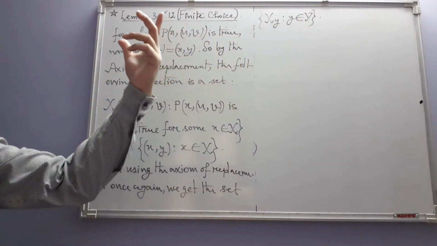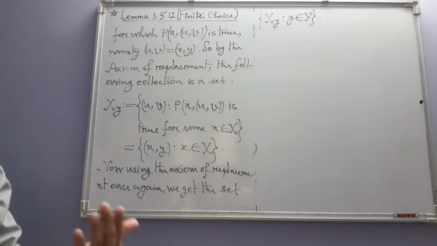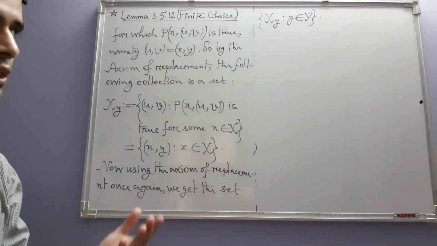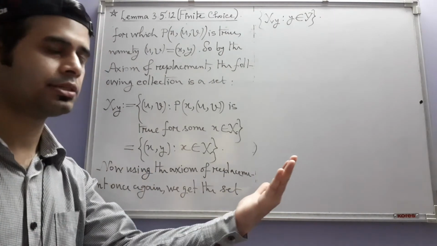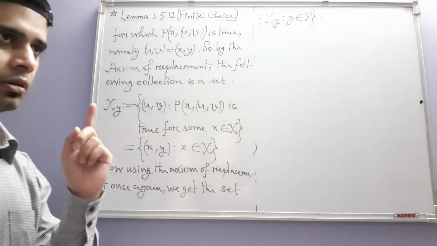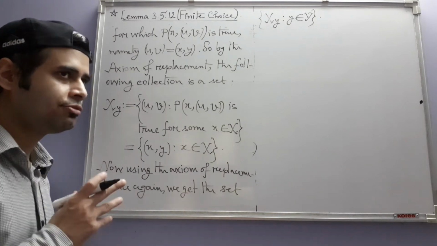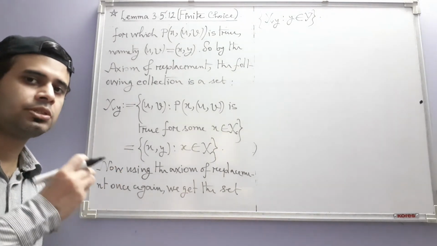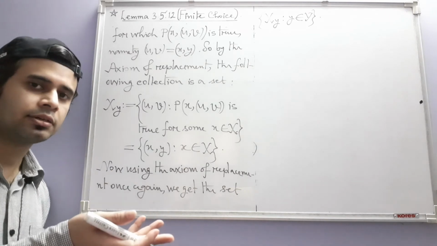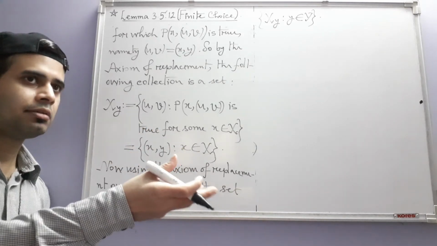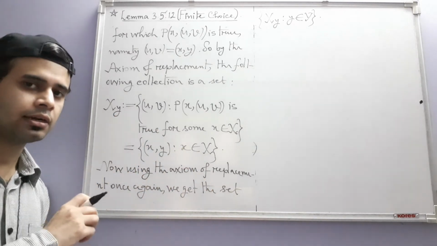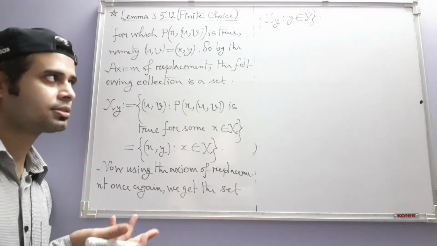So on this set we can now apply the axiom of union. We can take the union of all the sets in this collection. Remember that axiom. That axiom says that if we have a set whose elements themselves are sets, then their union can be taken, and that itself becomes a set.